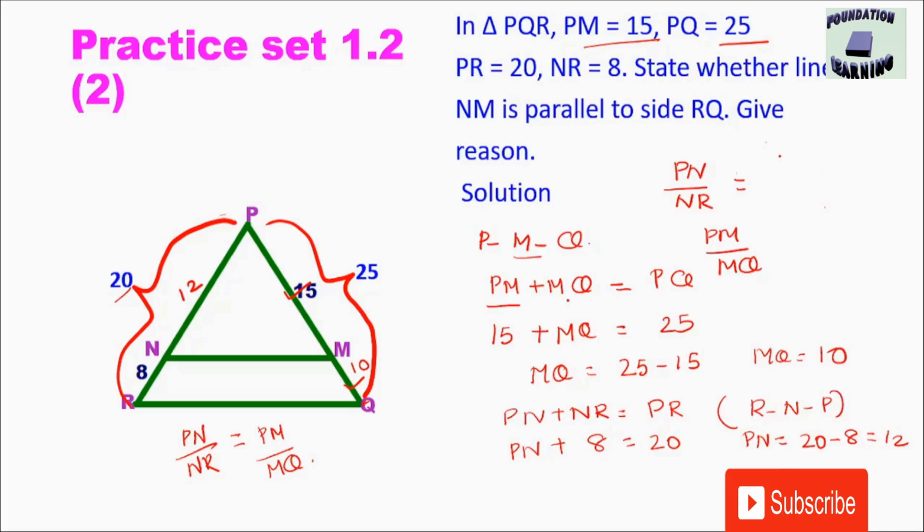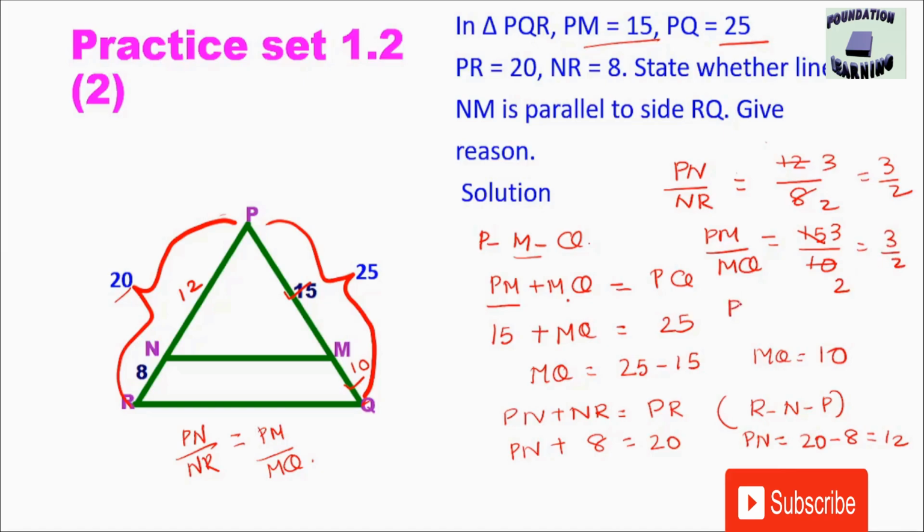PN is 12, NR is 8. 4 twos are 8, 4 threes are 12. So the first ratio we got is 3 upon 2. PM is 15, MQ is 10. 5 threes are 15, 5 twos are 10. So this also we got 3 upon 2.